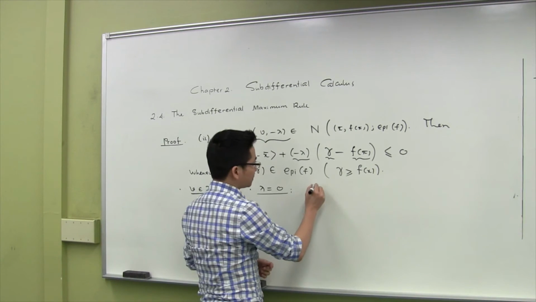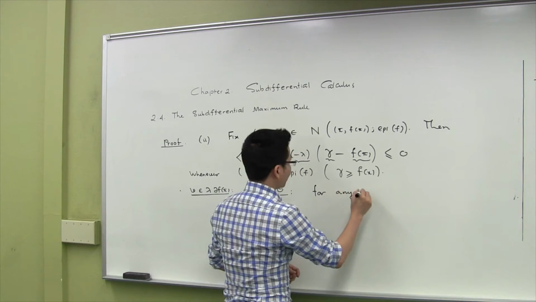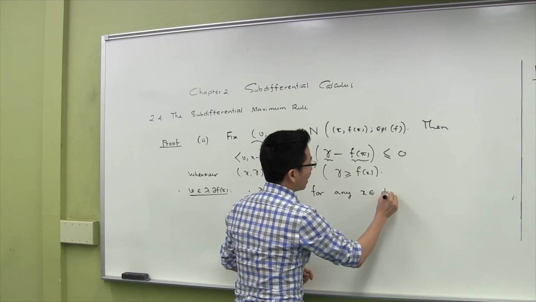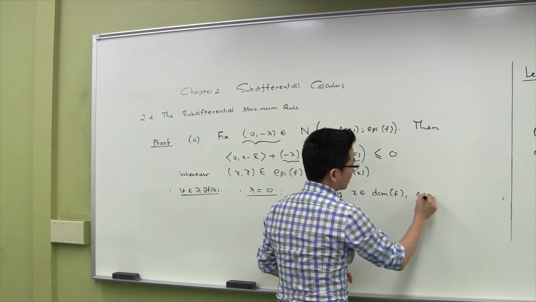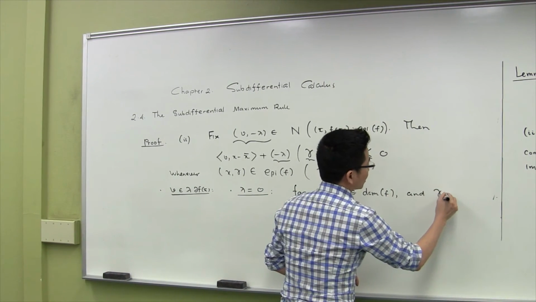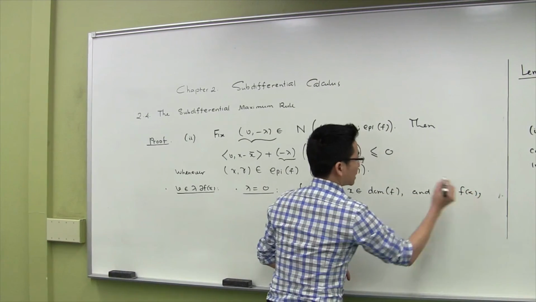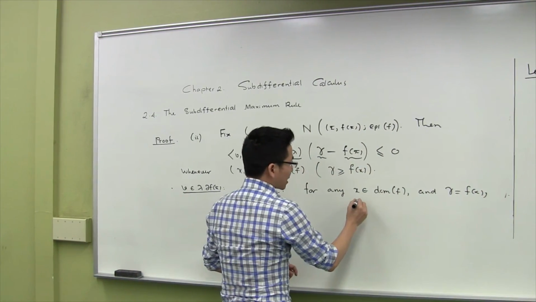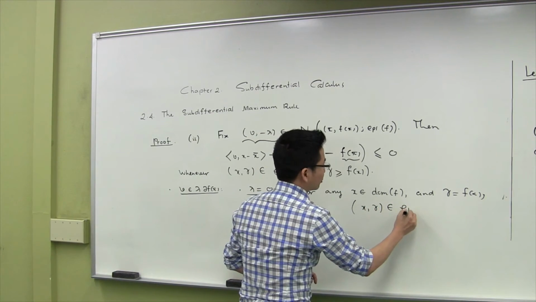Now for any x in the domain of the function f, and gamma equal to f of x, it is obvious that (x, gamma) belongs to the epigraph of the function.